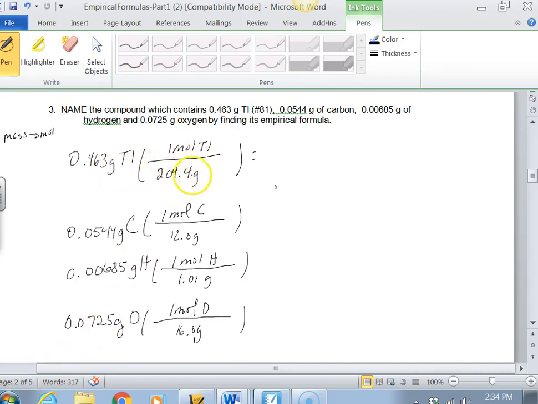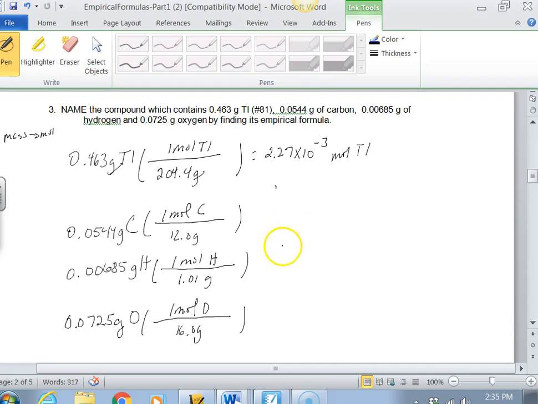Okay, so canceling grams, this gives us 2.27 times 10 to the negative third moles thallium.